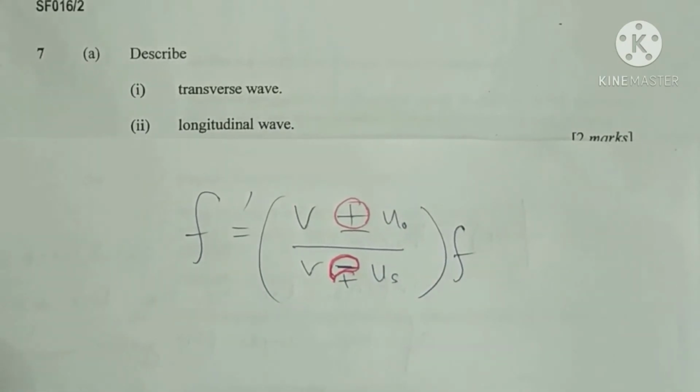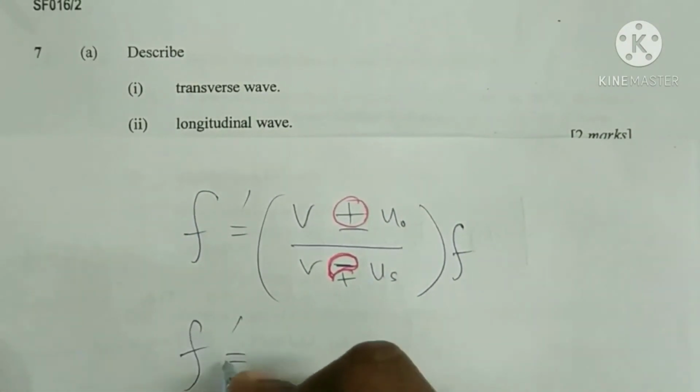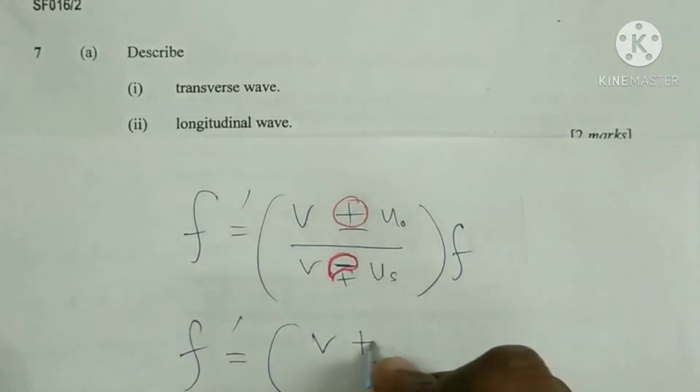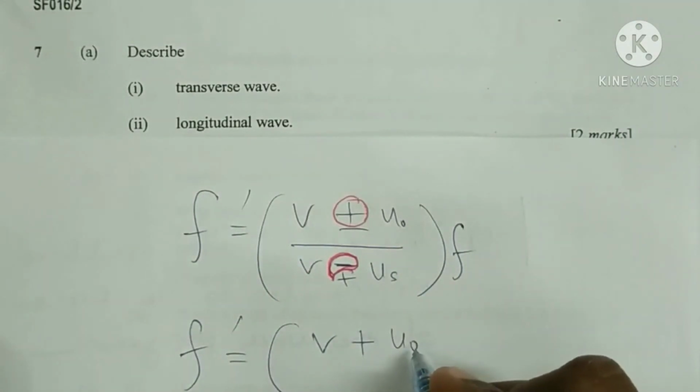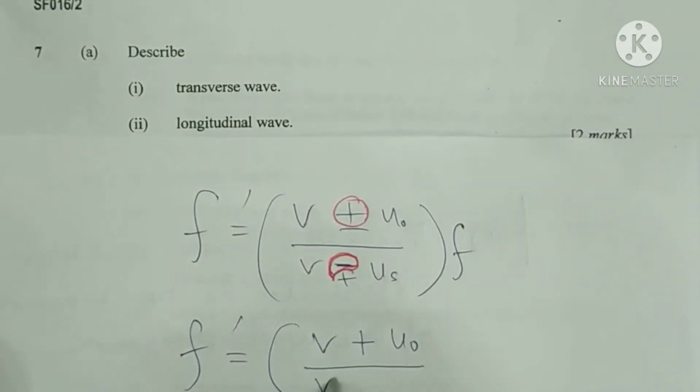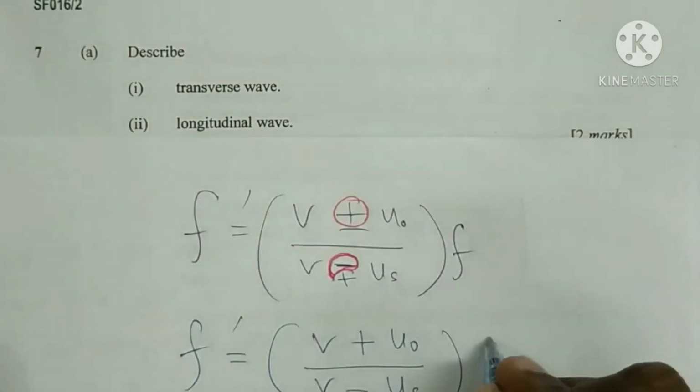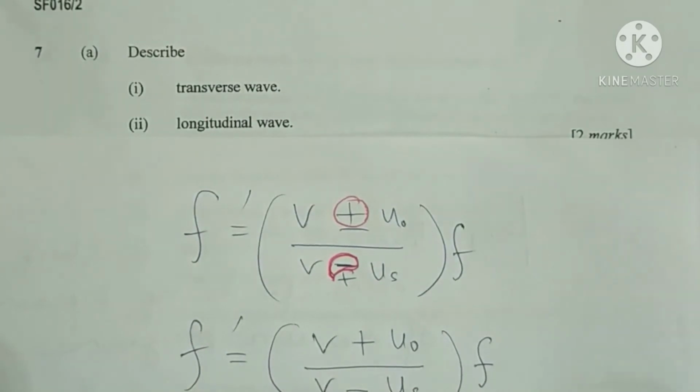Now we can write the formula as f prime equals v plus u naught over v minus us, times the actual frequency.